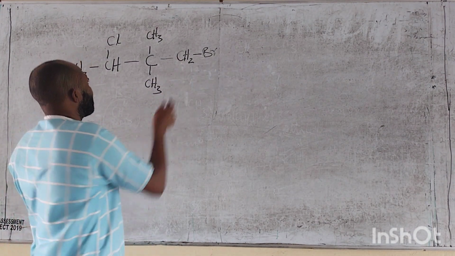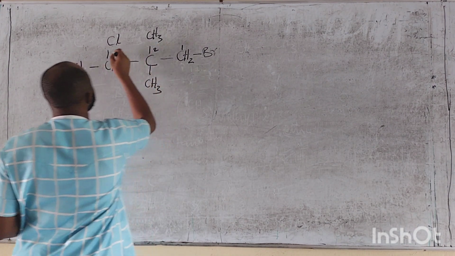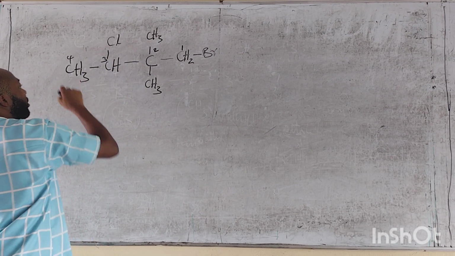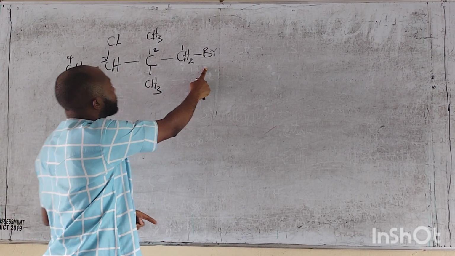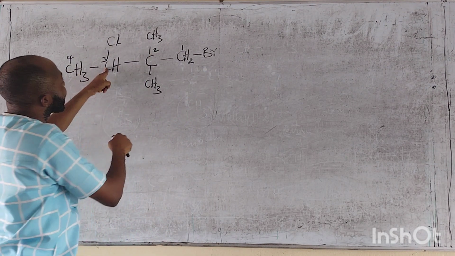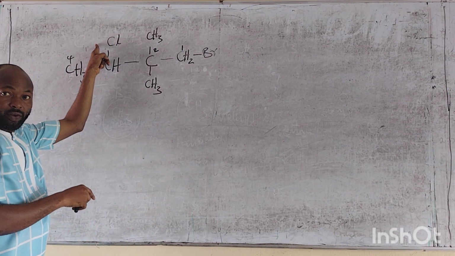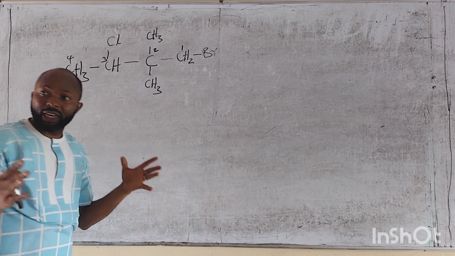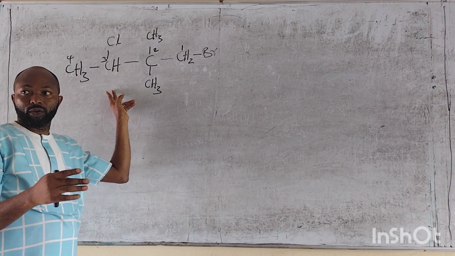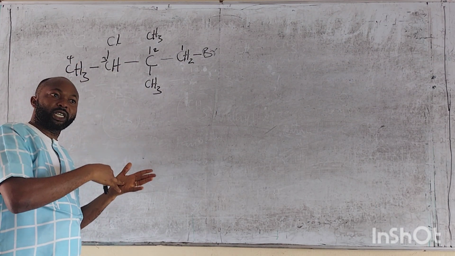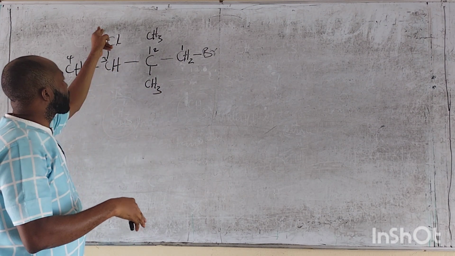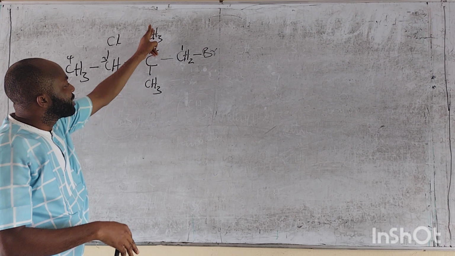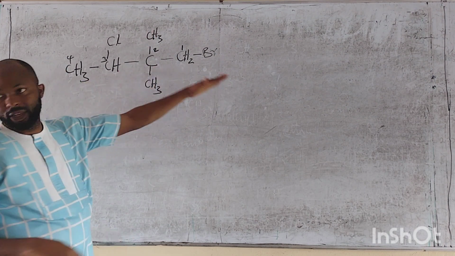Let me name it, 1, 2, 3, 4. 1 bromo, 3 chloro. Remember alphabetically, you cannot call methyl before chloro. Alphabetically, this one comes before this, am I right? So 1 bromo, 3 chloro, 2, 2 dimethyl butane.